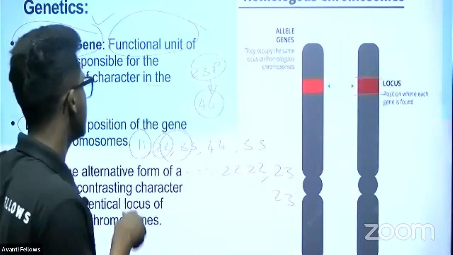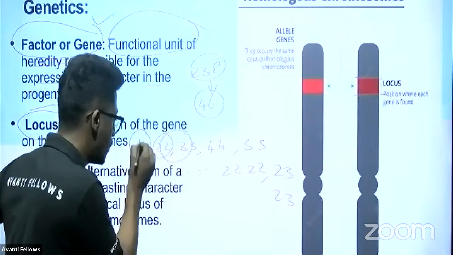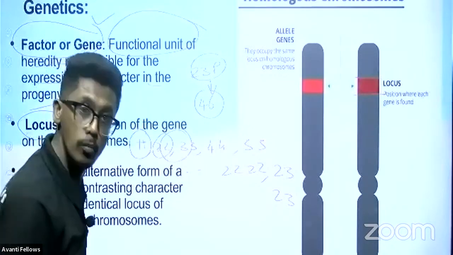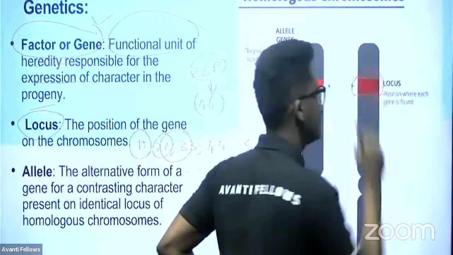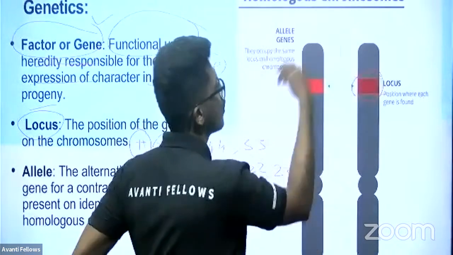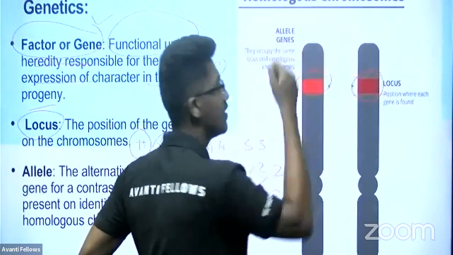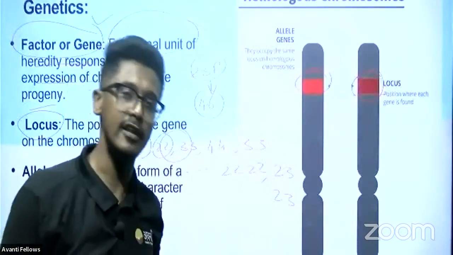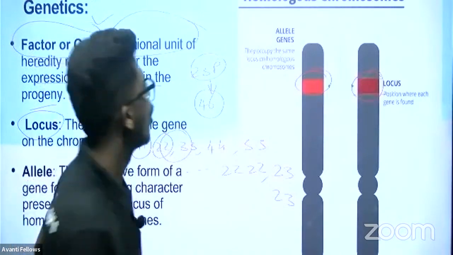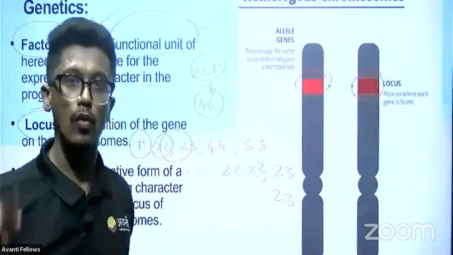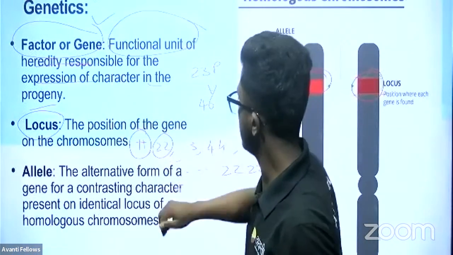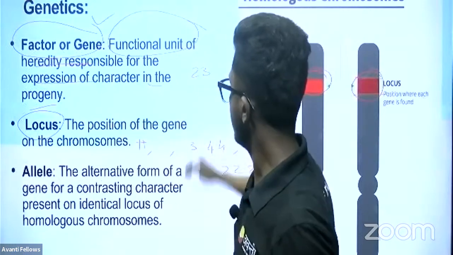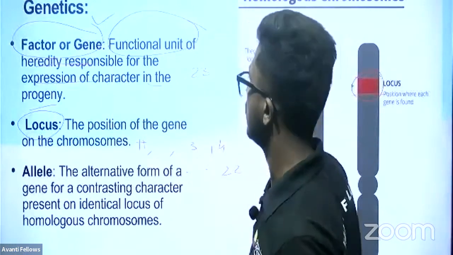If the genes are located on the same loci of a homologous chromosome, that means if the gene is present in one chromosome here, it is present at the same location in the other chromosome as well. They are not non-homologous, they are homologous chromosomes. Now you understand the meaning of homologous. Agree? Chalo. Next one is, what is an allele?